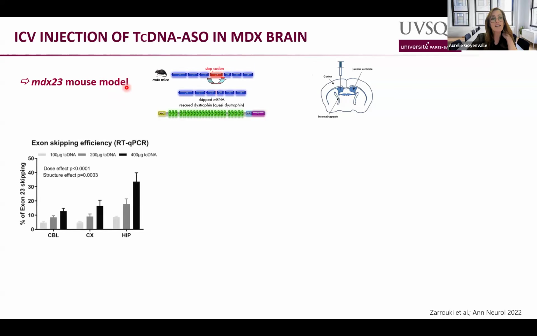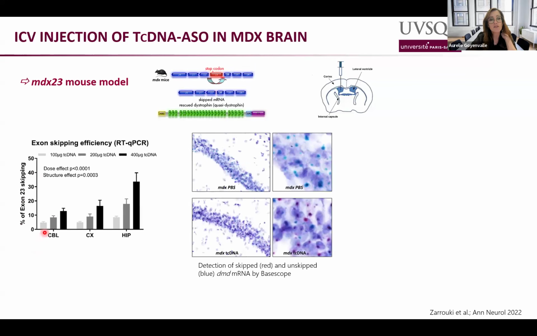And we first did a dose response using the tricyclo-DNA antisense oligonucleotides, the last generation that I've presented, the palmitic acid tcDNA PO. So we injected the oligo and saw a dose response in terms of exon skipping in cerebellum, cortex, and hippocampus that could reach about 30% of exon skipping in hippocampus.